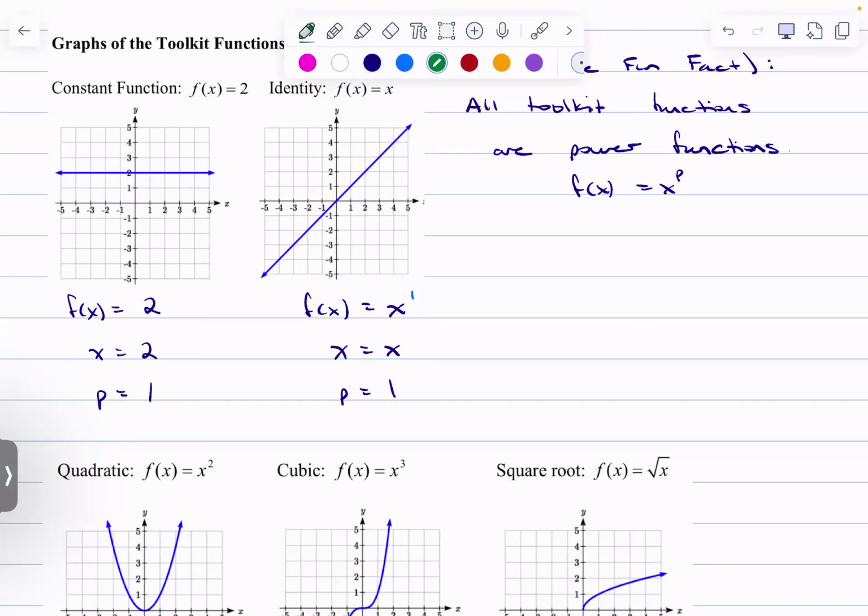I want to make a couple of notes on the powers. Usually we drop a power of 1. So usually we write x to the power of 1 as just x. And x to the power of 0 is 1.